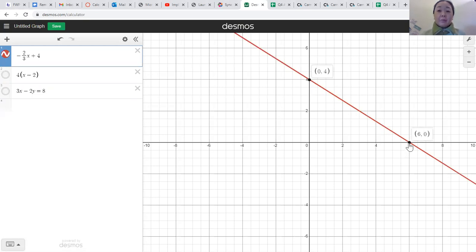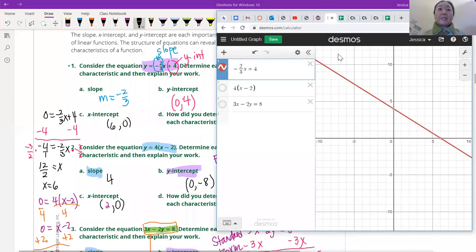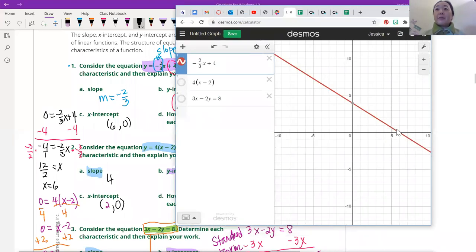The slope, we said was -2/3. So if you notice right here, we're going to go up 1, 2, and then 3 to the left. So up 2 and then to the left 3.